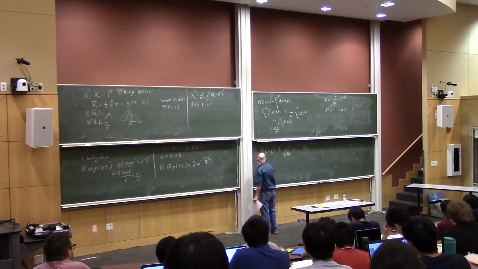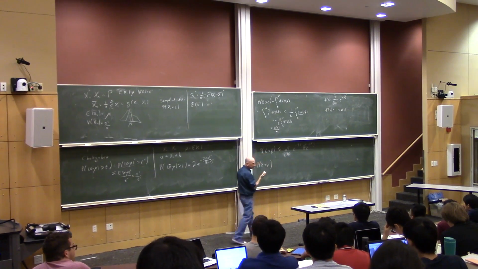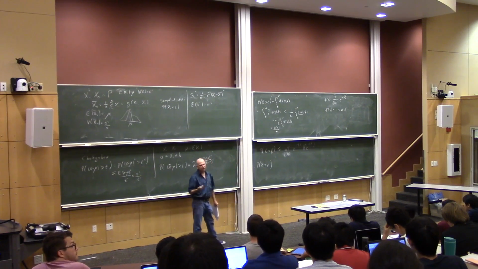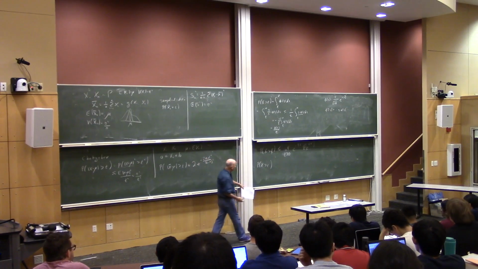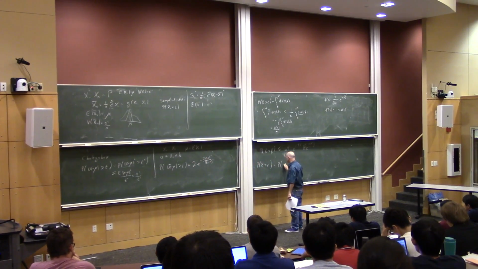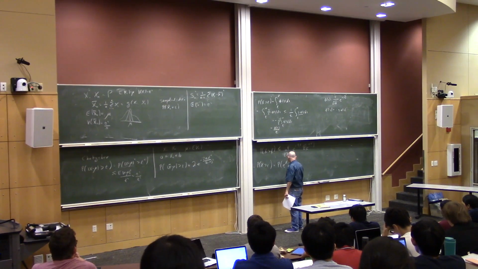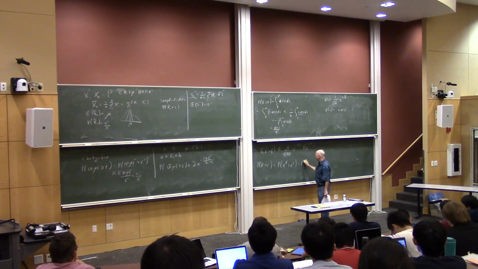All we do is say the probability that X is bigger than epsilon. We're going to do the same thing. If I want to bring the moment generating function into this, well, the moment generating function involves the exponential function. So all I'm going to do is take the exponential of both sides, and in fact, we're going to raise both sides to the power t. That doesn't change anything.